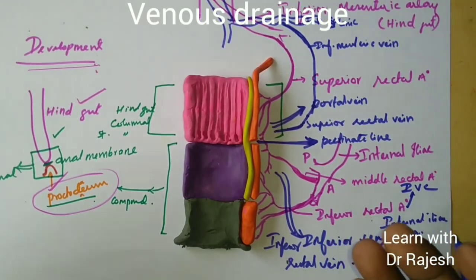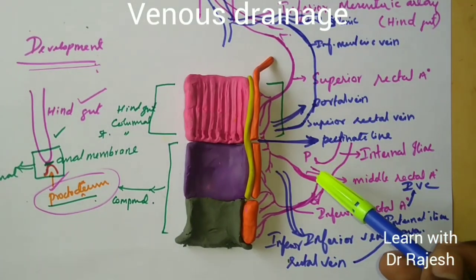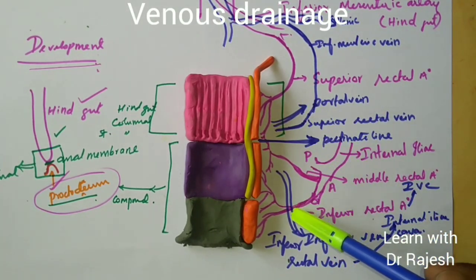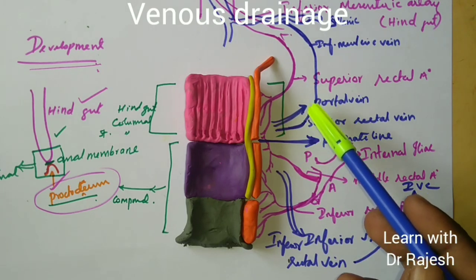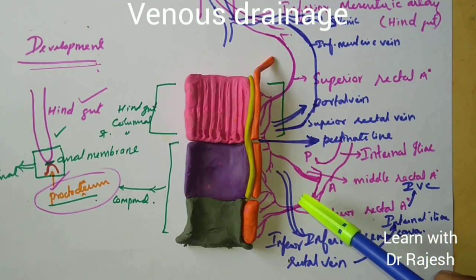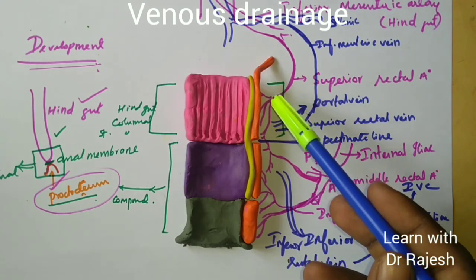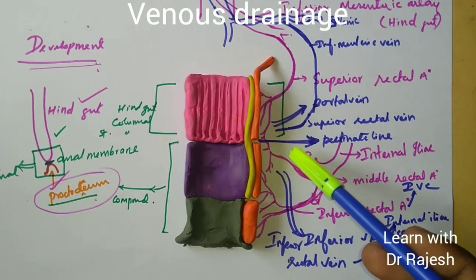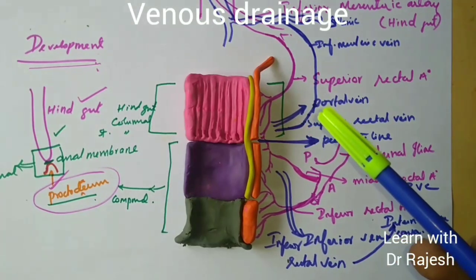There are also some middle rectal veins, which anastomose between the superior and the inferior rectal veins, draining mainly the ampulla, that is the muscularis externa region of the ampullary portion of the rectum.